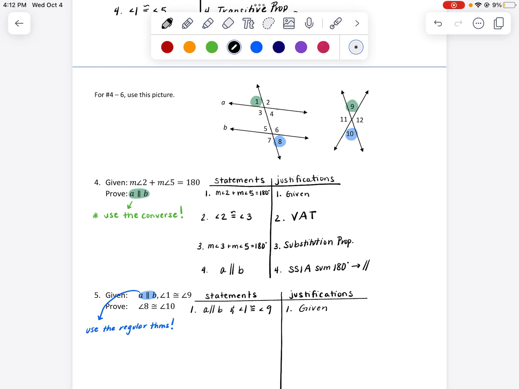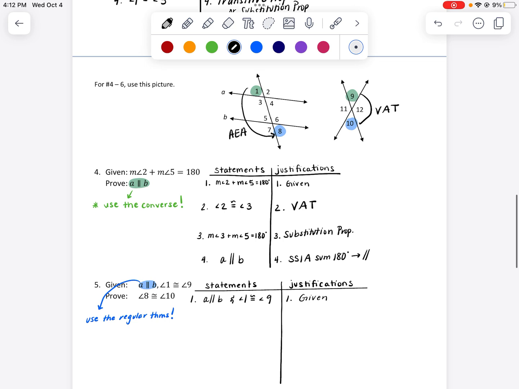Here's what I'm thinking: 1 is equal to 9 and 1 is equal to 8, and these are congruent because they're alternating exterior angles. 9 and 10 are congruent because of the vertical angle theorem. Then I can just substitute in. So I have alternate exterior angles, vertical angles, and then I can use substitution to make 8 and 10 congruent. Okay, let's see what happens.